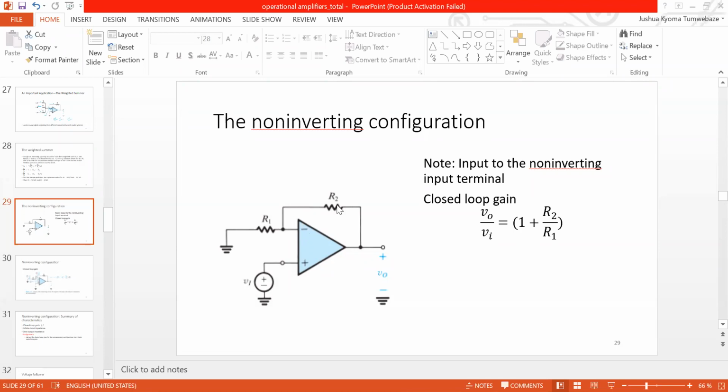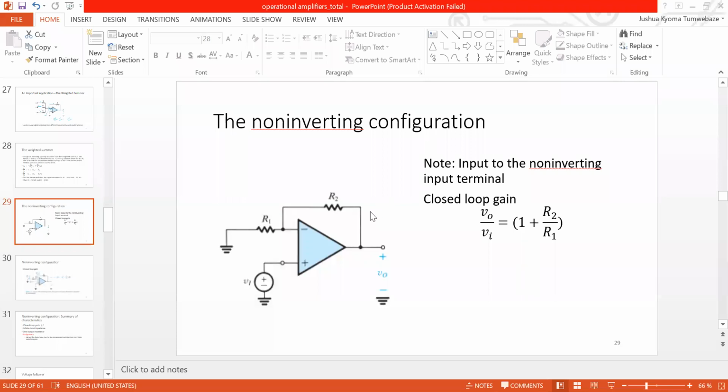Then we also have R2, again applied between the inverting input terminal and the output. That means it still applies negative feedback. So the only difference between this circuit and the inverting configuration is that now we have applied an input to the non-inverting input terminal.